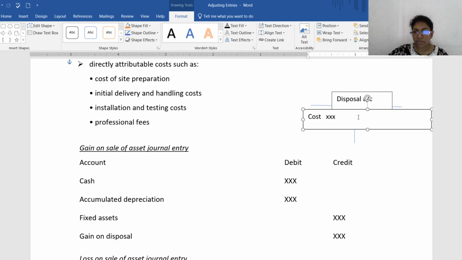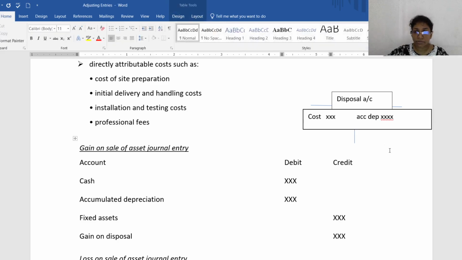At the same time, we are going to credit the accumulated depreciation. Then the cash proceeds, we are going to credit to the same account.